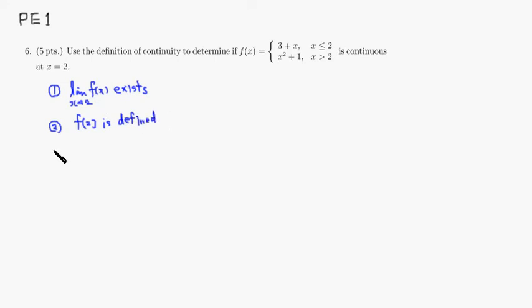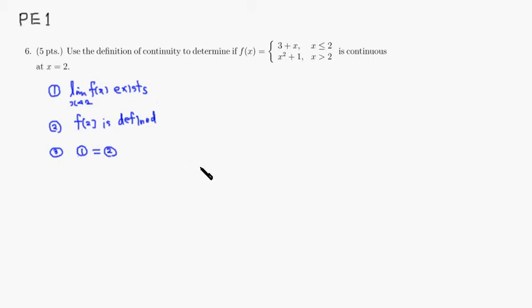Then third, we have to make sure that the limit, which is number 1, is actually equal to number 2. So we have to check those three things.